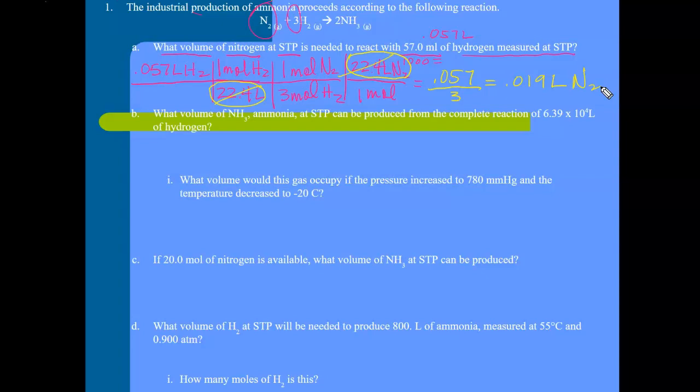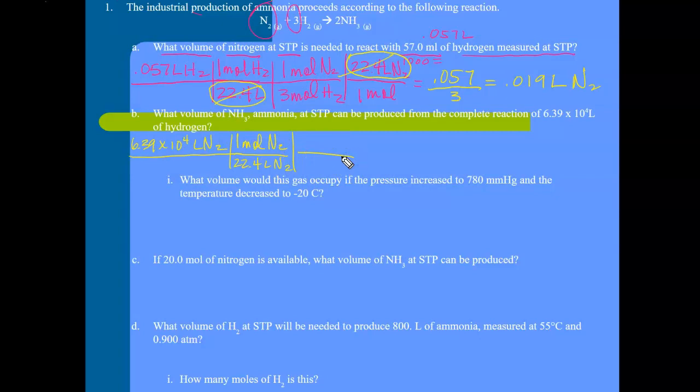The next one says, what volume of NH3 at STP can be produced by the complete reaction of 6.39 times 10 to the 4 liters of hydrogen? Okay, so on this one, we are given 6.39 times 10 to the 4 liters of nitrogen, and we're going to use 22.4 liters of nitrogen, which is equal to 1 mole of nitrogen.